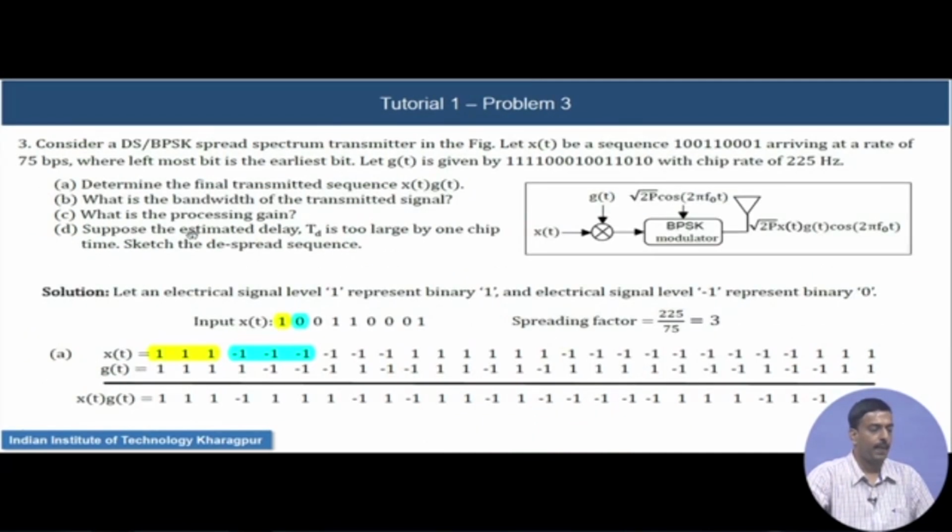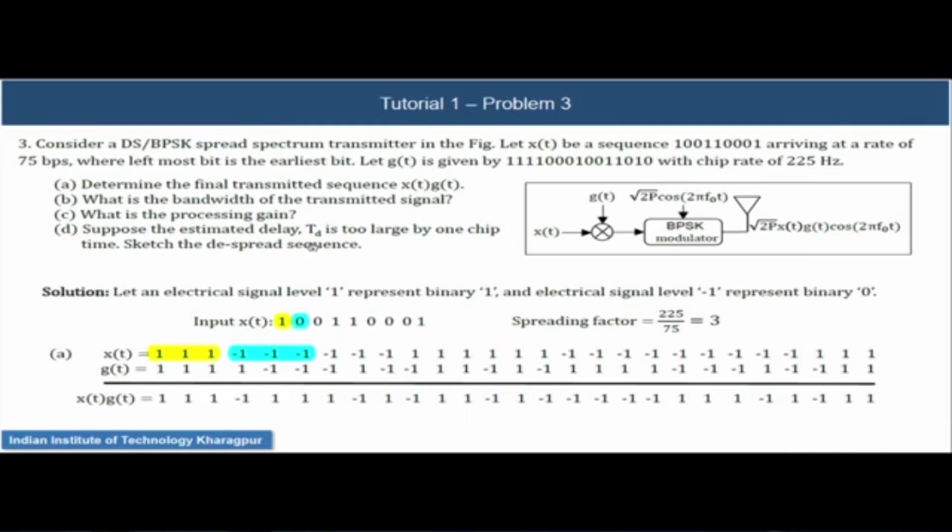Finally, it is mentioned that we have an estimated delay TD, which is too large by one chip duration, which now means that at the receiver our PN sequence is not synchronized with the transmitted PN sequence, which is now a digression from the previous problem.